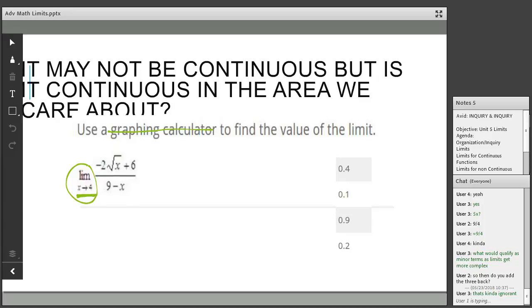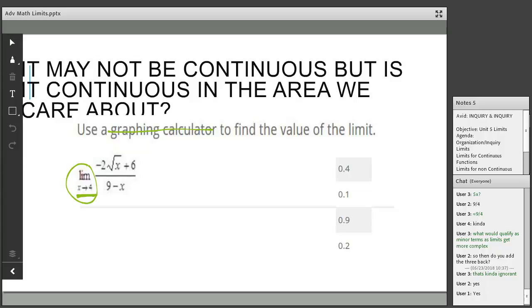Is that a continuous function in that specific area? Yes. You can try it on your Desmos if you want and see what kind of graph it looks like. But you'll find everything's defined at x equals 4.